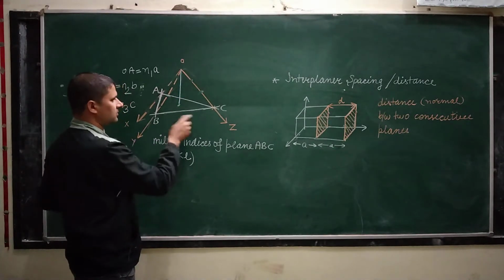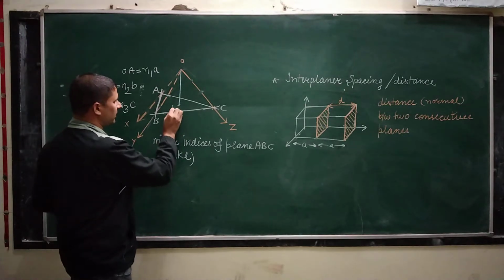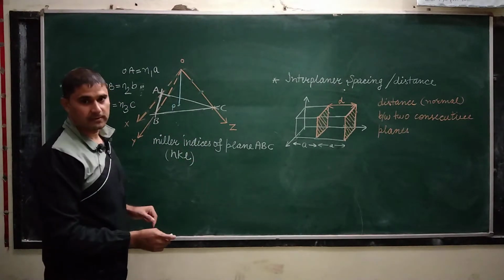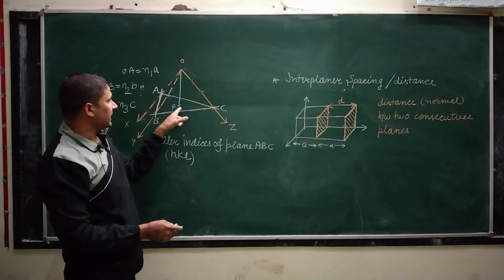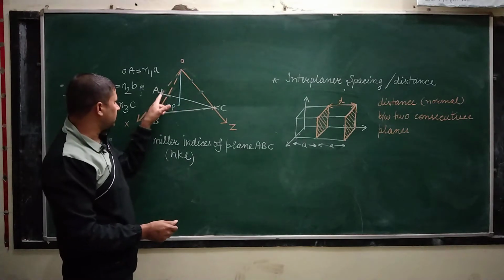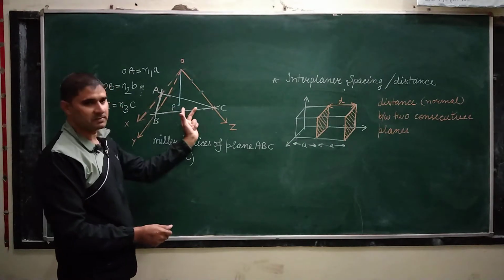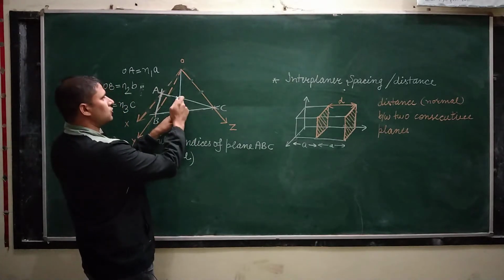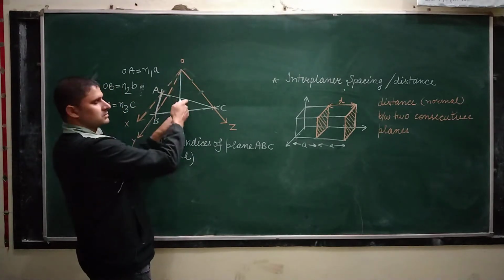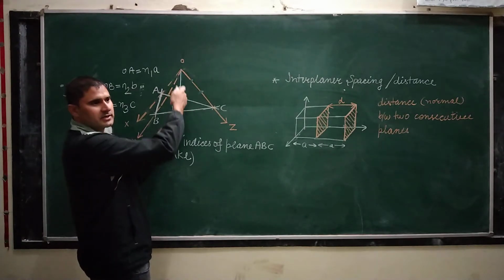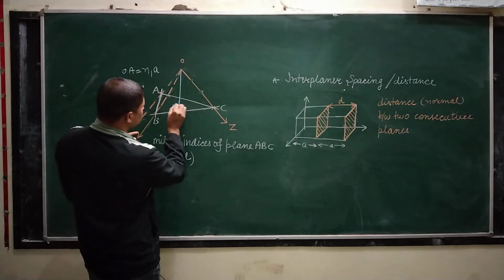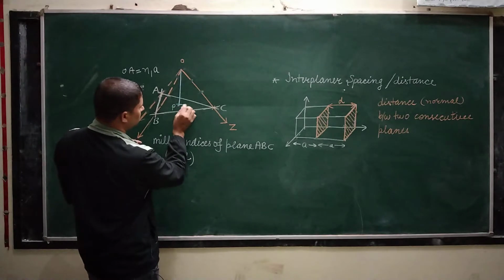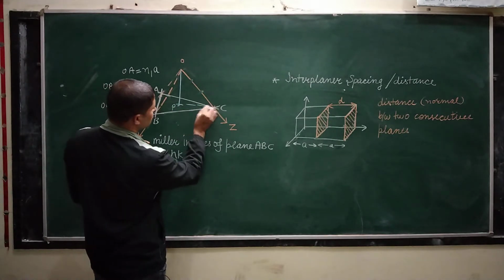Let it strike the ABC plane at point P. Then if you draw any line in this plane ABC, it will be perpendicular to this normal, it will make 90 degrees. So if I join this point O with C, then it will be perpendicular.